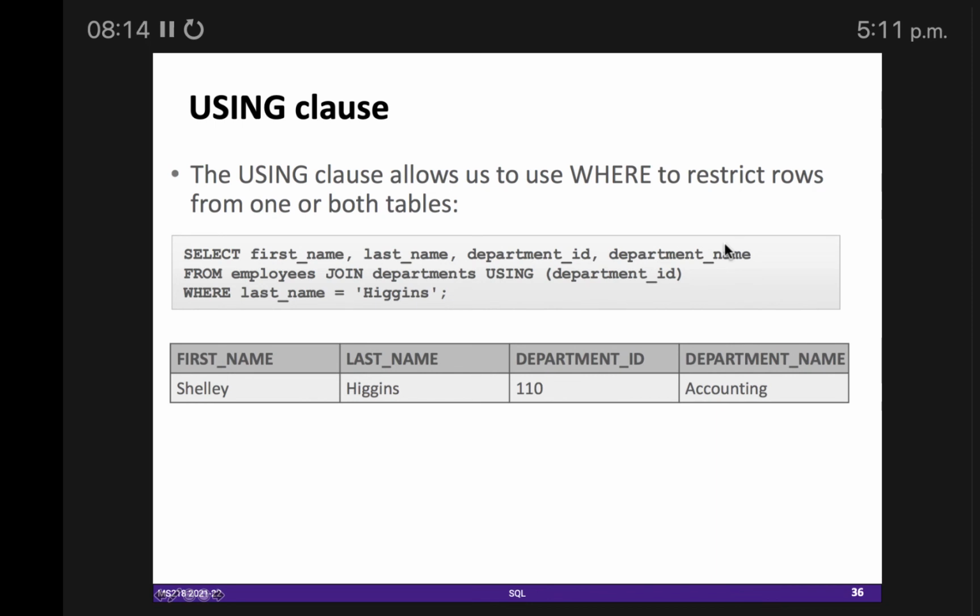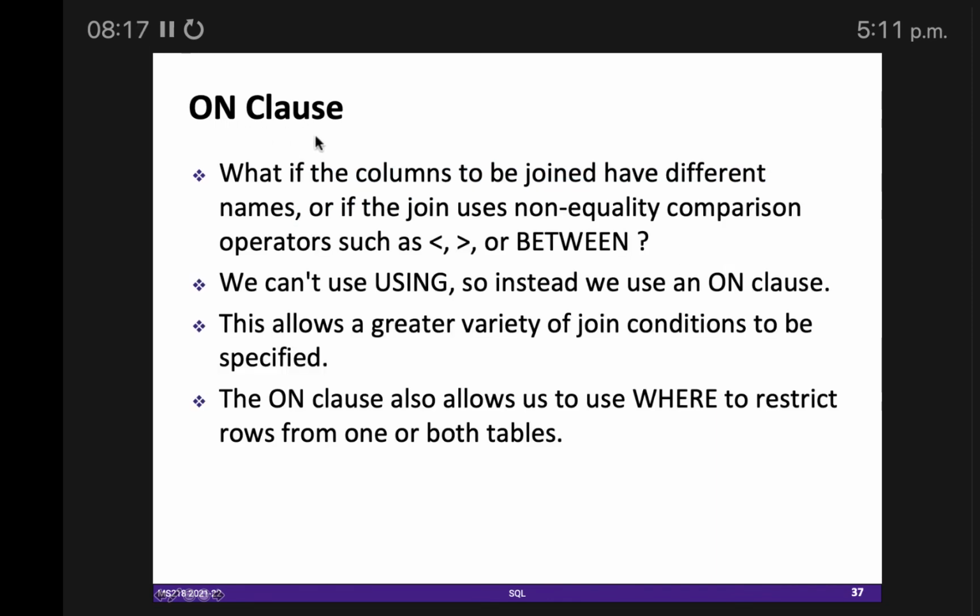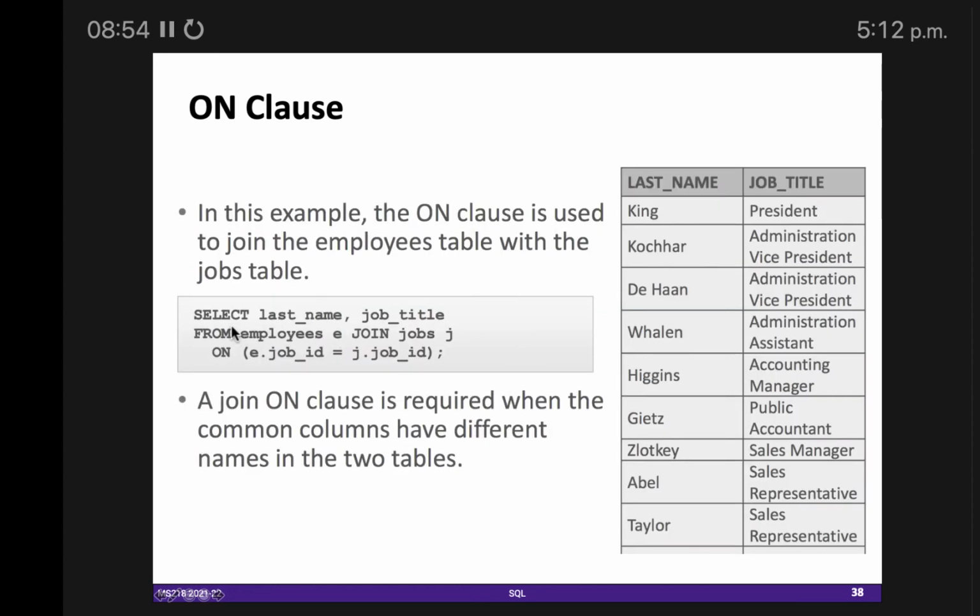What if the columns to be joined have different names, or the join uses non-equality comparison operators such as greater than, equals to, or between? Then we obviously cannot use USING, so instead we use the ON clause. Even if the names are the same, you can use ON for joining tables. So instead of remembering 3-4 different types of joining commands, you can use only this ON clause to do all types of work. Here you can see an example.